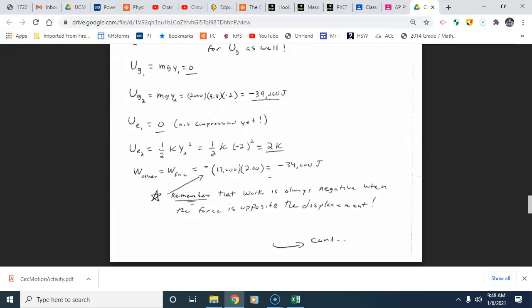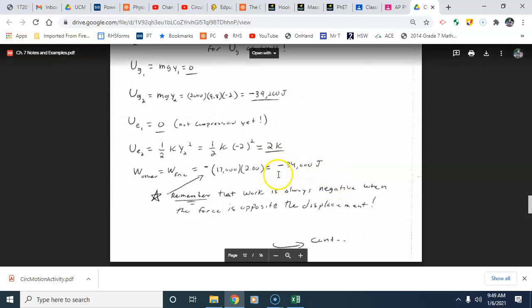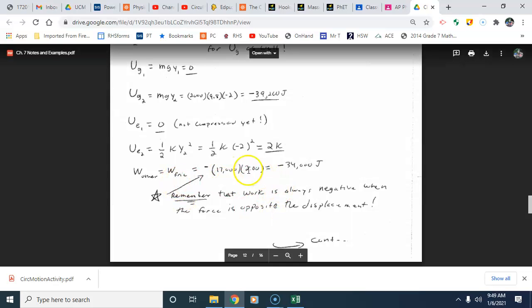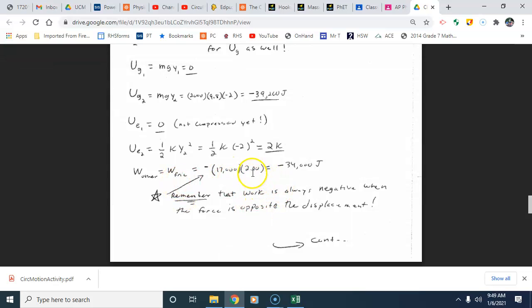Because it always takes work out of the system. So somewhere we have to account for that and make the work for friction negative, okay? So 17,000 times the displacement of 2 meters, because work equals force times displacement, again from last chapter, gives us negative 34,000 joules of work that friction is doing.